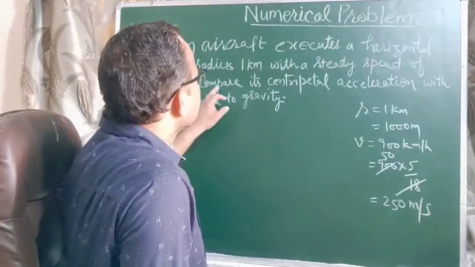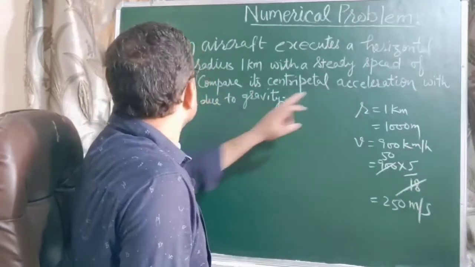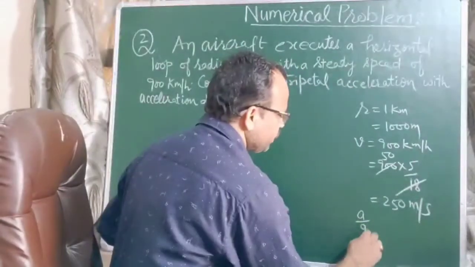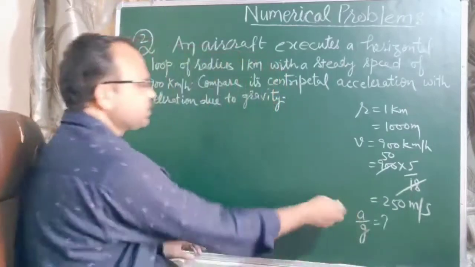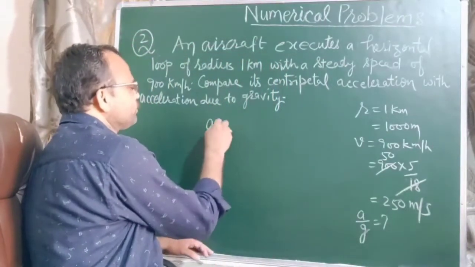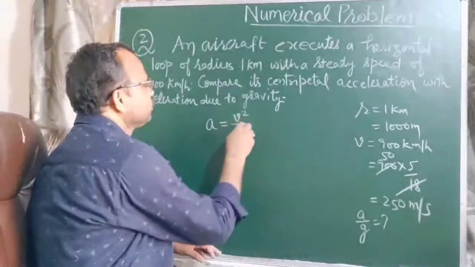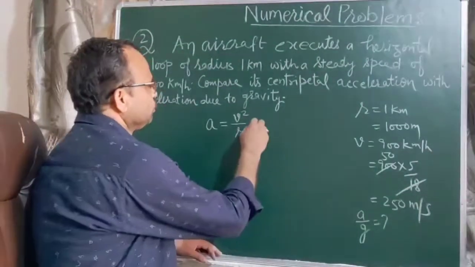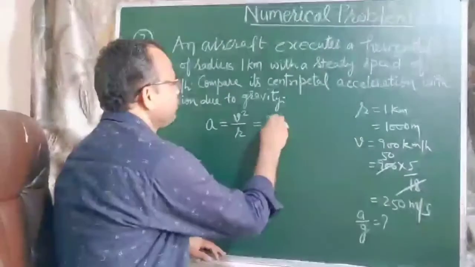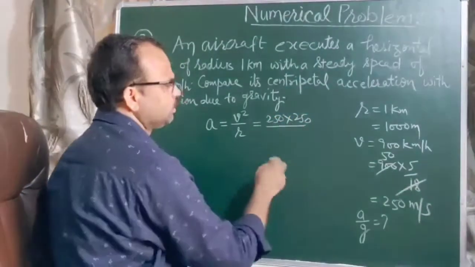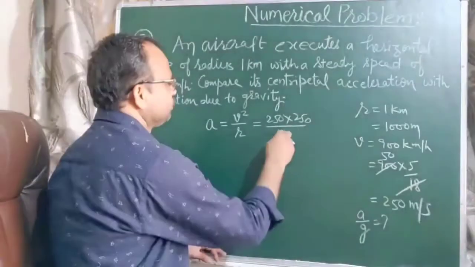Right. Now compare the centripetal acceleration with the acceleration due to gravity. Meaning we have to calculate the value of a upon g. So first we calculate the value of a. As we know, the centripetal acceleration a is equal to v square upon R. So now put the value of v. So 250 into 250 upon 1000.